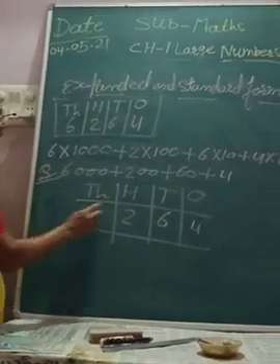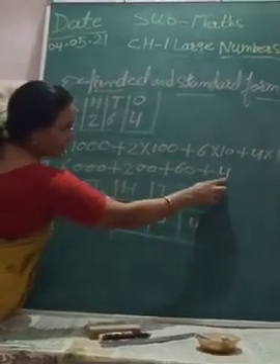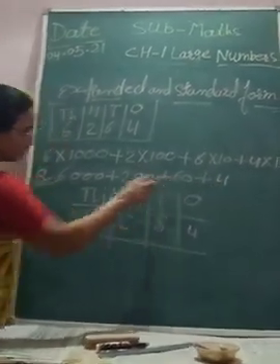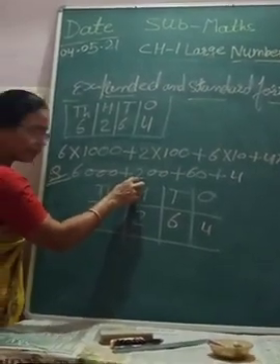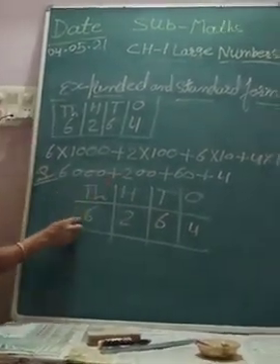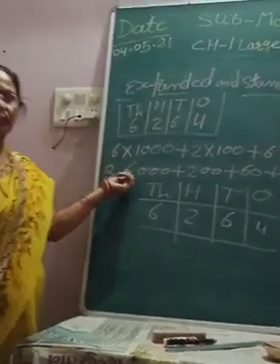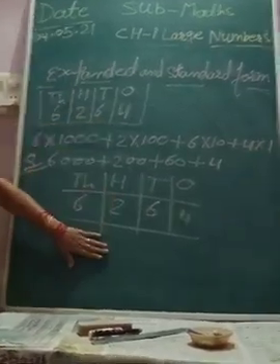It means you just see the 1's place and write the 1's digit there. In the 10's place you write the 10's digit. In the 100's place you write the number that you have written on the 100's place, and in the 1000's place you write the number that you have written there. Clear? This is your expanded form and standard form.